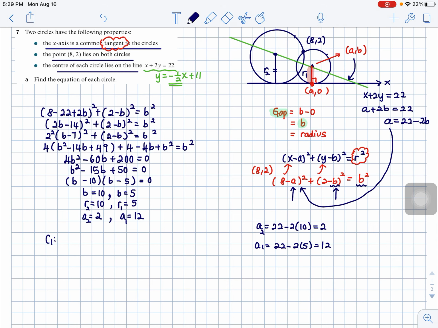So circle 1, let's write x minus 12 squared, y minus 5 squared equals to 25. So circle 2, 100.